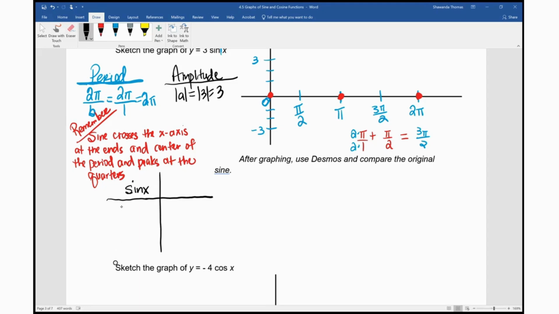What is going on at pi over 2? Sine of pi over 2 is normally what at the regular, original sine function? What is the output for sine pi over 2? 1. That's what we normally get.